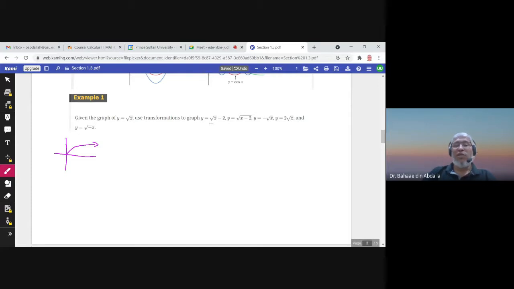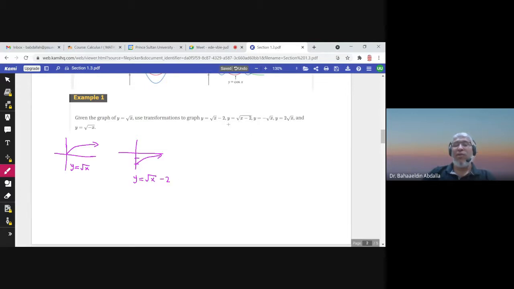Use transformations to graph square root of x minus 2. So this is square root of x. What would be square root of x minus 2? It would be the same graph shifted 2 units down. So this would be the graph of square root of x minus 2.